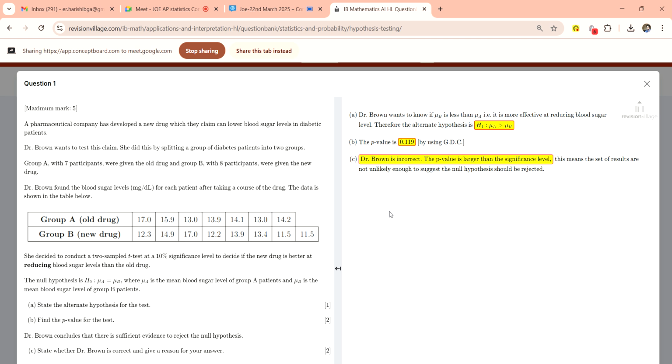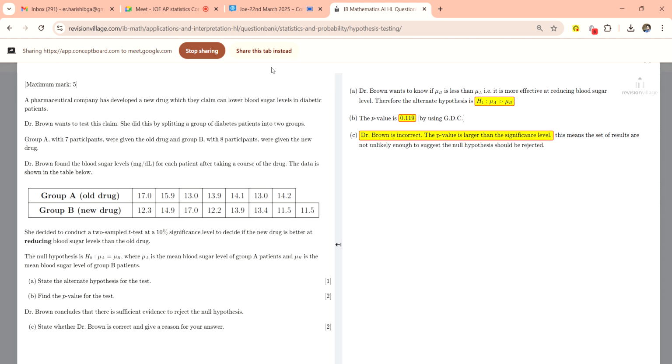So if the mean is higher, it means there is no reduction. If it is reducing the blood sugar level, then obviously mu B is less than mu A, right?